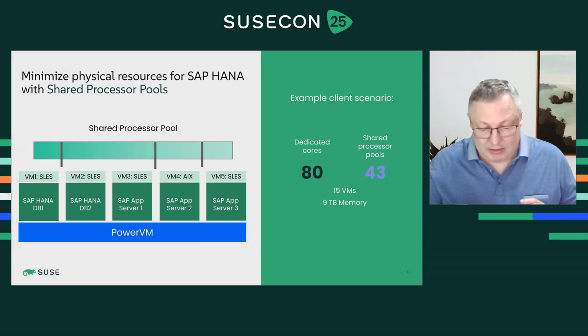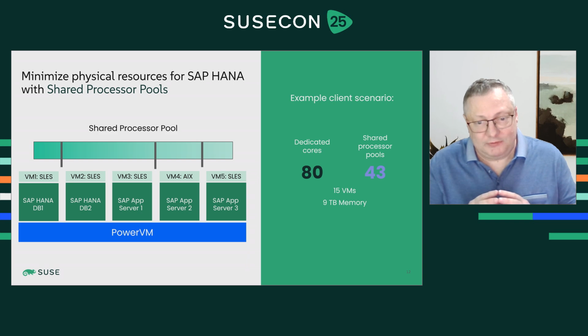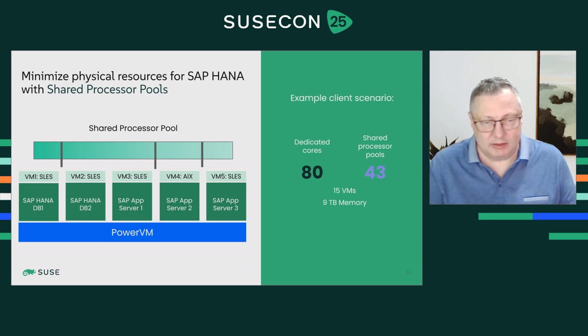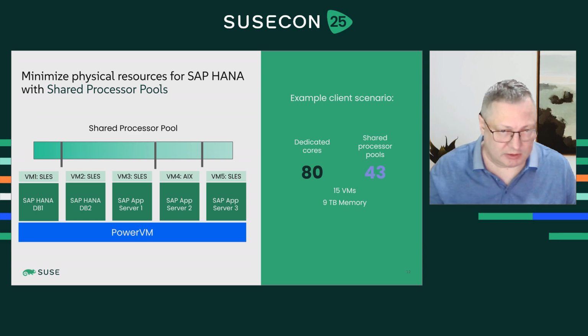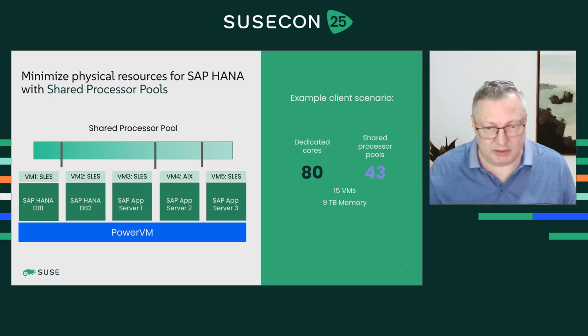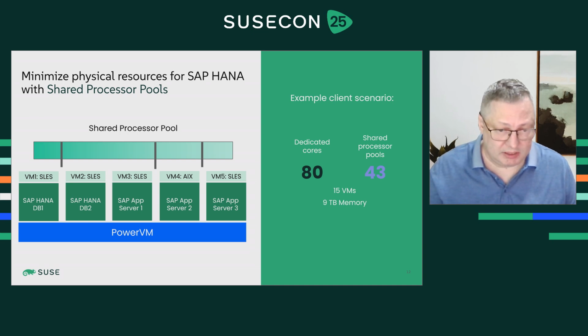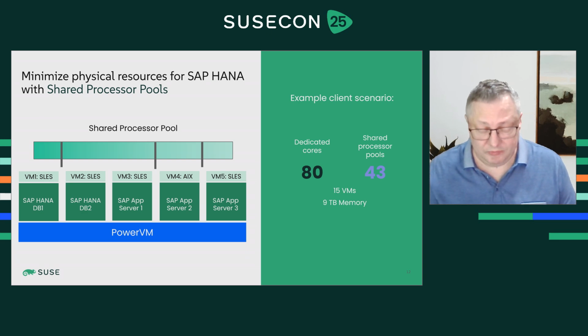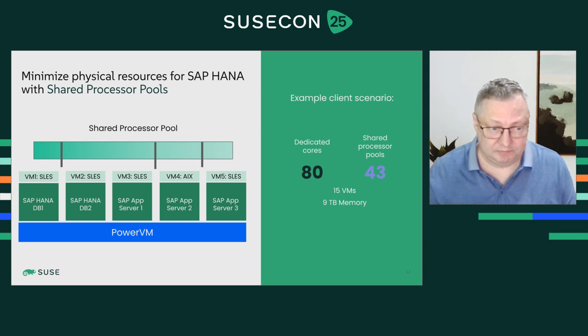And what's nice is it is fully supported by SAP. If you go to the SAP documentation and look at using shared processor pools on IBM Power with SUSE Linux, that is fully supported by SAP and documented as such. So really interesting technology that's an exclusive of the Power platform.